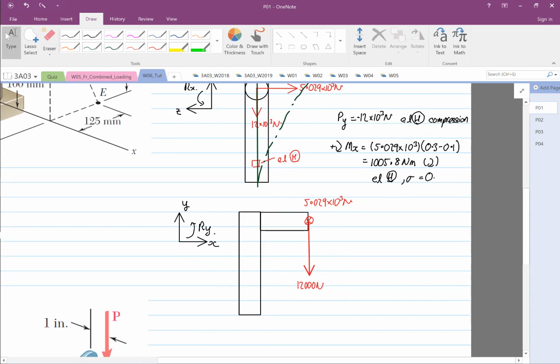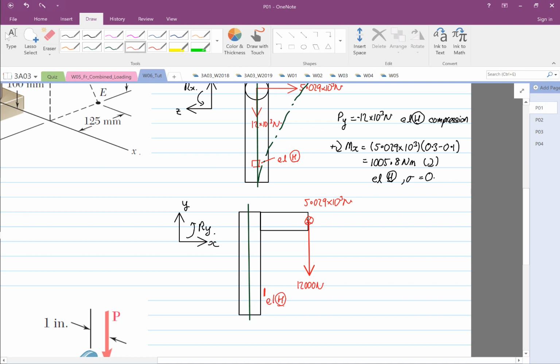So we know the position of the neutral axis, and then we're going to sketch out our element H. The moment is with respect to the neutral axis.